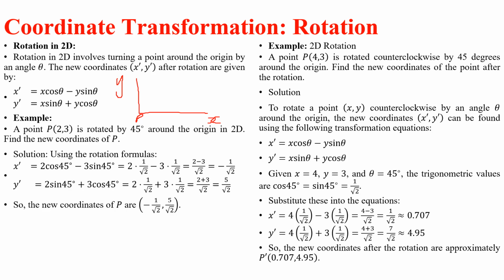There are some engineering designs that often require turning this point around by an angle, and that will lead to the rotation of the x-axis, so a new point entirely, x prime, and rotation of the y-axis to a new point entirely, y prime.